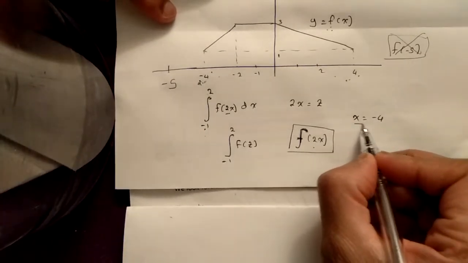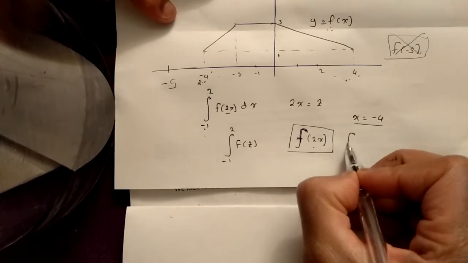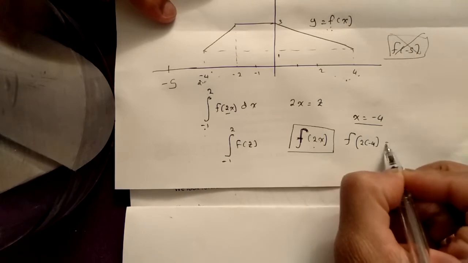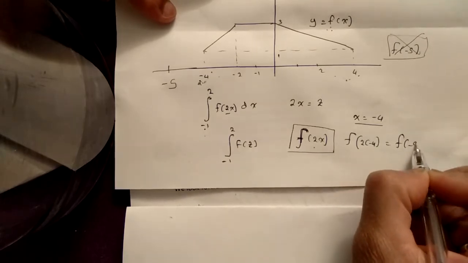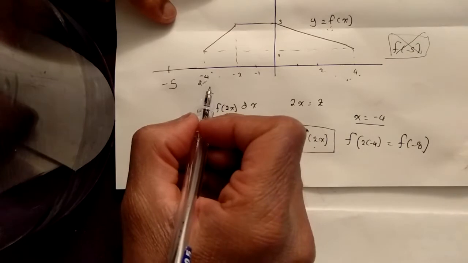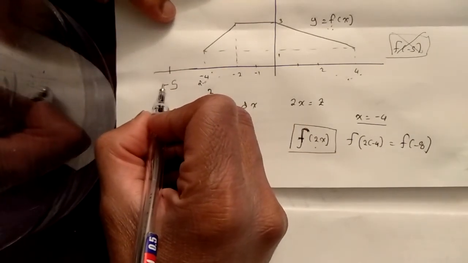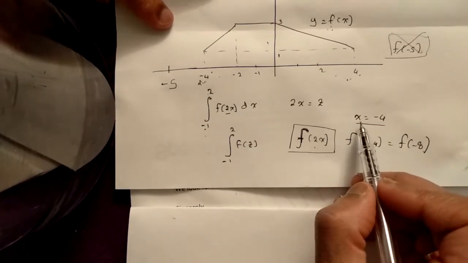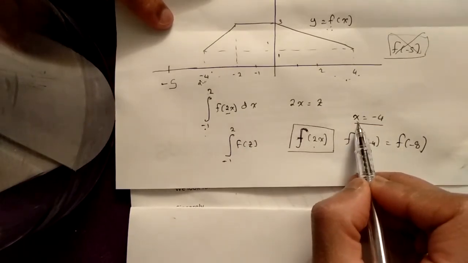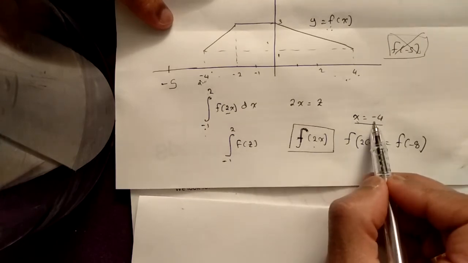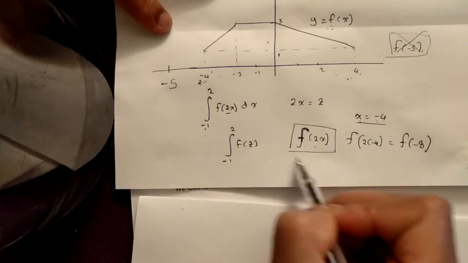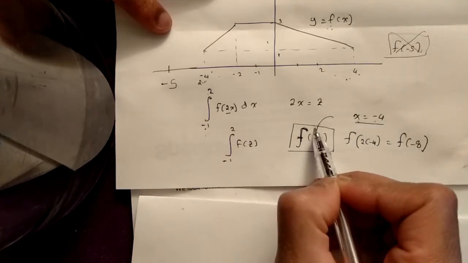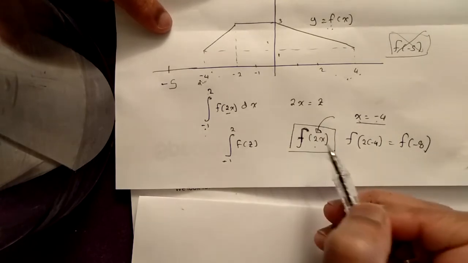See, when x is equal to -4, the value inside will be 2 times -4, which will give you the function at -8, which is away from the domain of this function. That means we cannot consider any value at x equals -4 for this function. We should not consider this as an input when the function is given like this. It is not compatible, right?